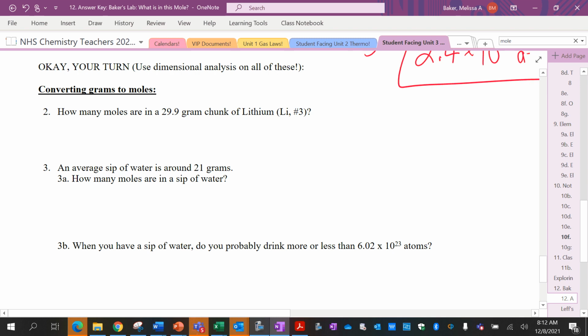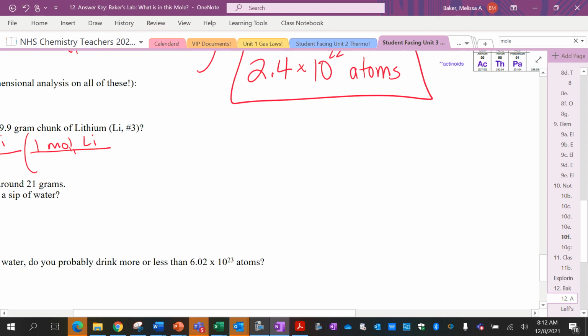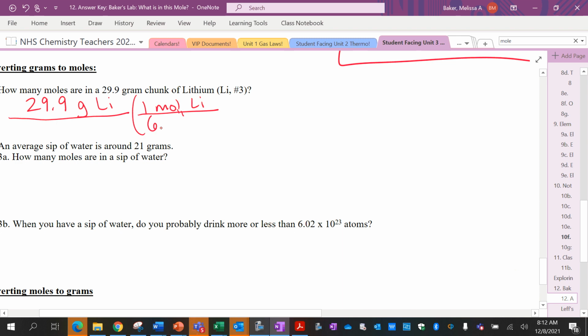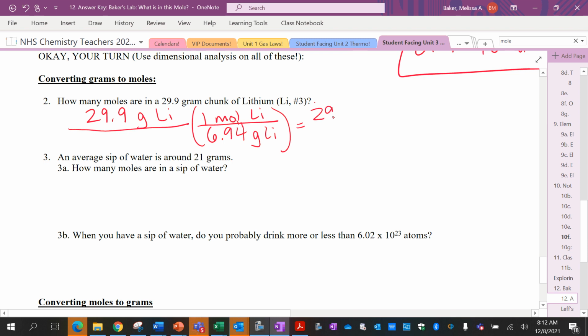Use dimensional analysis. All right, how many moles are in 29.9 grams of lithium? Well, how much does 1 mole of lithium weigh? Let's look it up on the periodic table. 6.94, it says, grams. Multiply across the top.